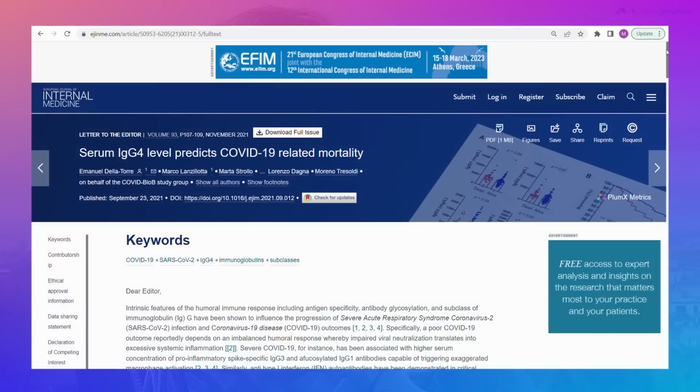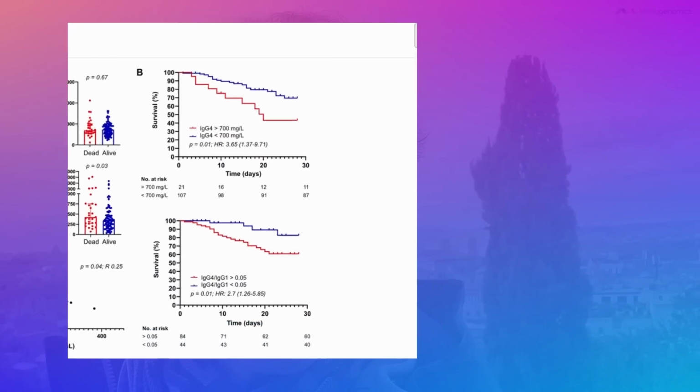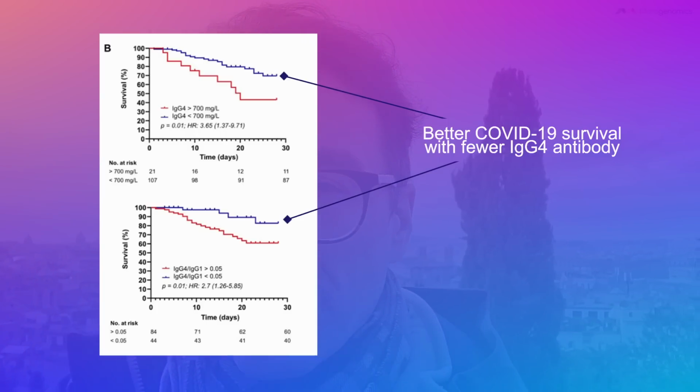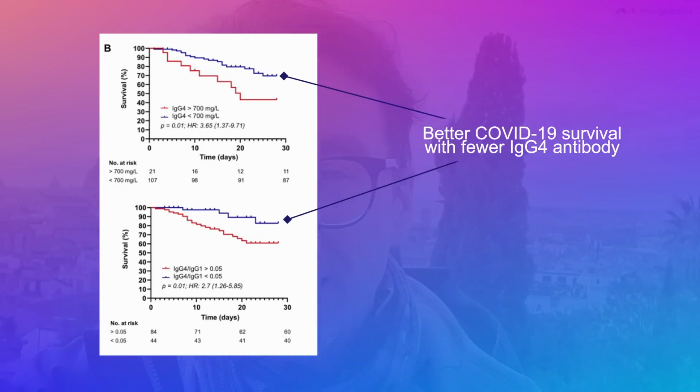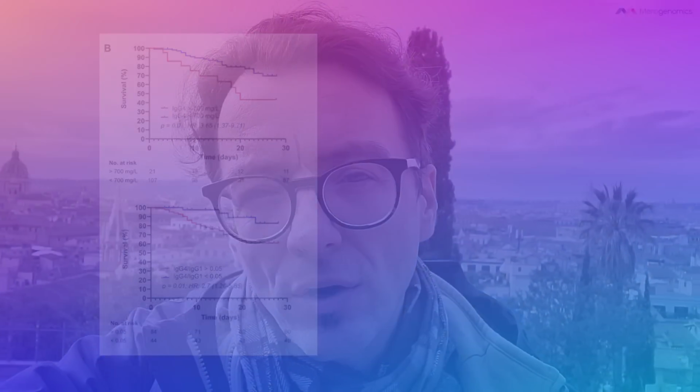And another study showed that the higher the ratio between IgG4 to IgG1 antibody, again, the worse the outcomes you get to see. But the authors of this particular study did not observe that in their own results with their own patients that they were analyzing.